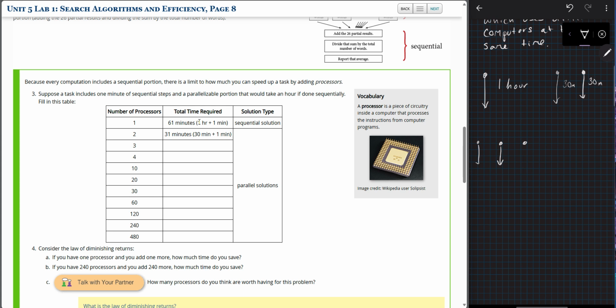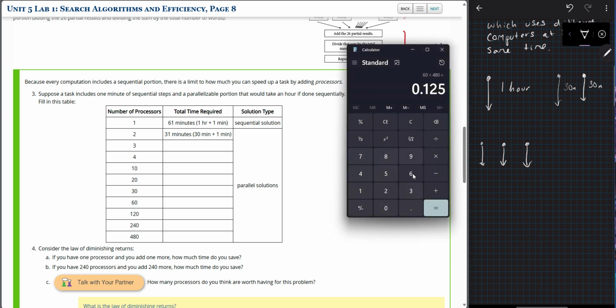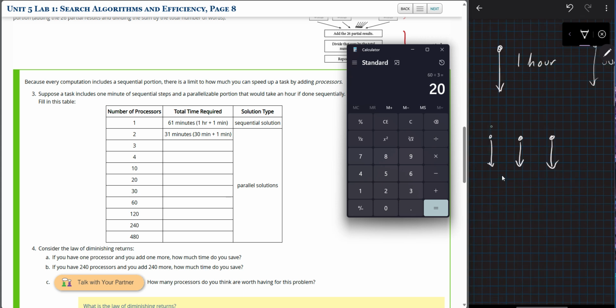How would you figure out how long each one takes? Well, that's pretty easy. You just divide 60 by 3. So each one of these would take 20 minutes.